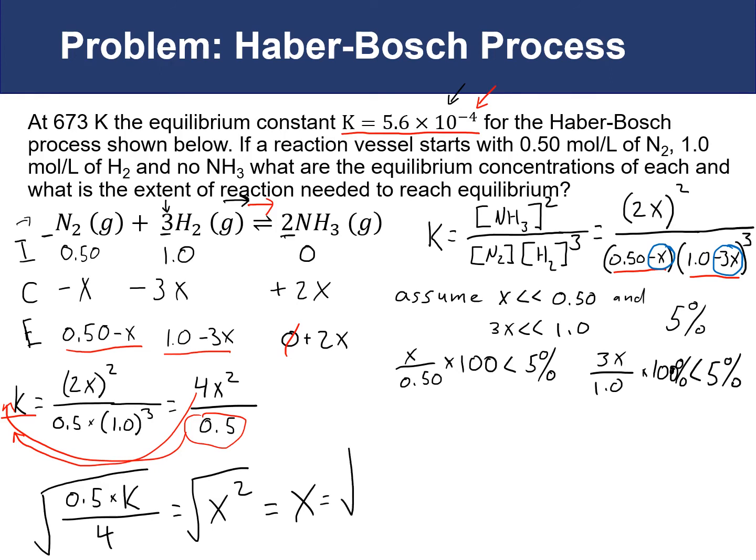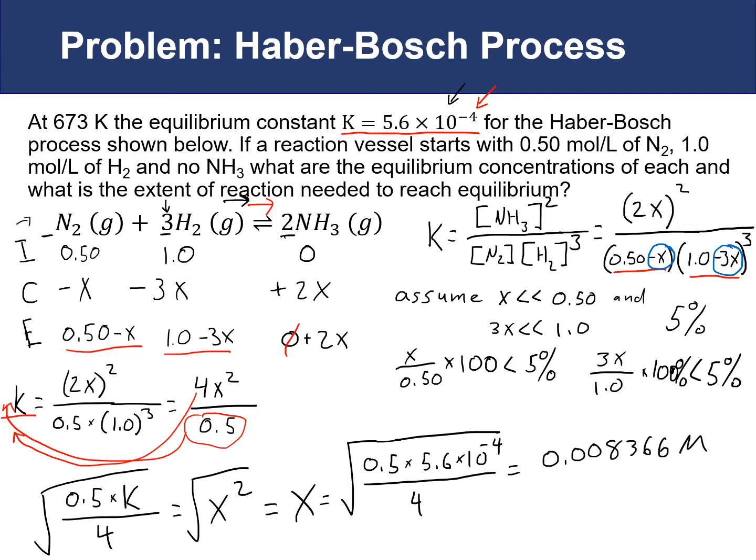So this would be equal to the square root of 0.5 times 5.6 times 10 to the minus 4, that whole thing divided by 4. So this will be equal to 0.008366 molar.